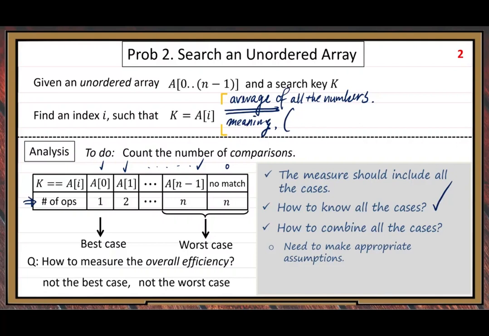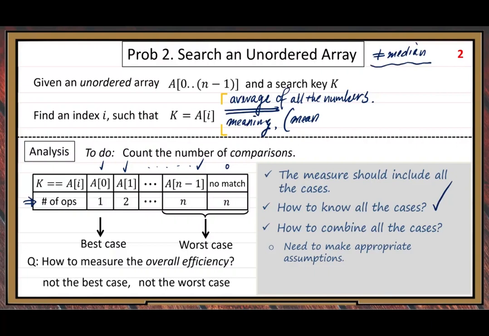There is another name for the average. It's called the mean. In math, there is a concept called the mean, meaning average, not the median. Later we will talk about the median, but not here.